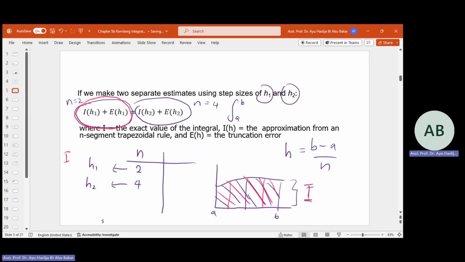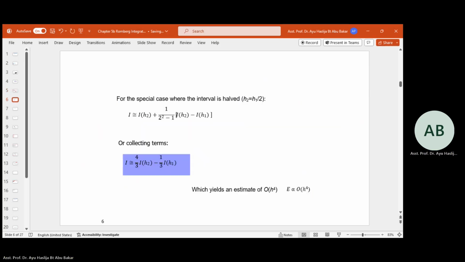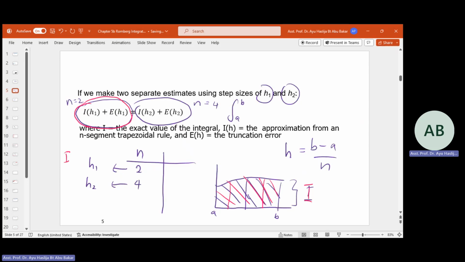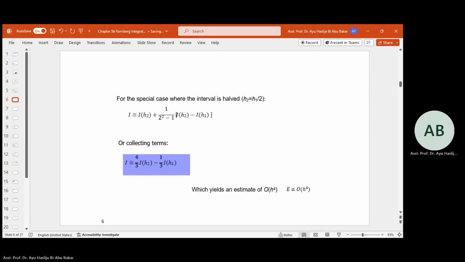Okay, up to there. Now, when you calculate, you will only have one H to find one integration value, right? But if you combine 2 H, let me make it bigger.